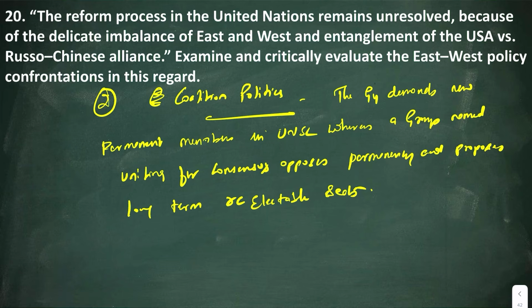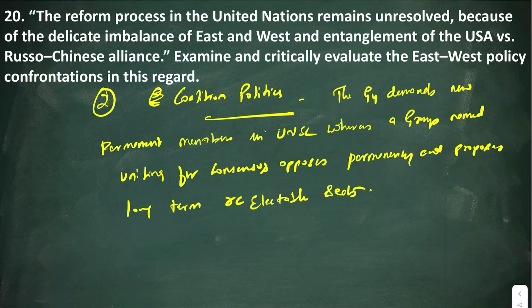Look at this. This is the politics happening. All right. So now we have spoken about how East-West confrontation has stalled UN reforms. We have also spoken about structural issue and political reasons why the UN reforms is not happening.